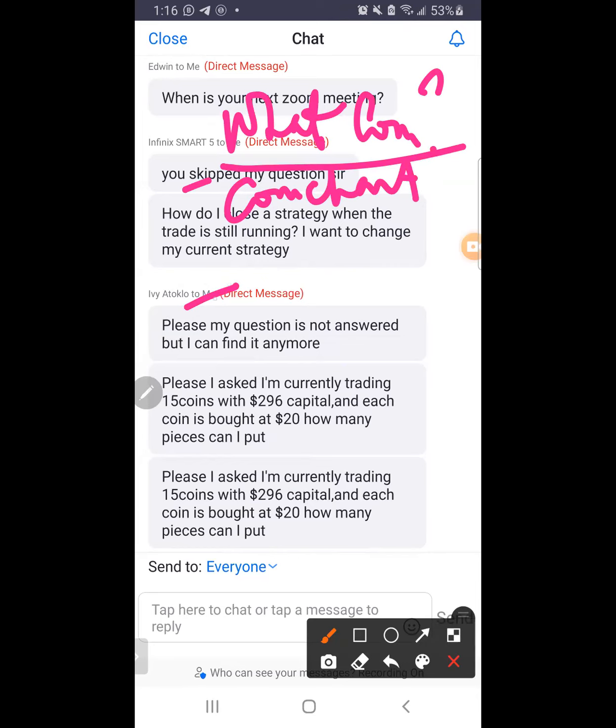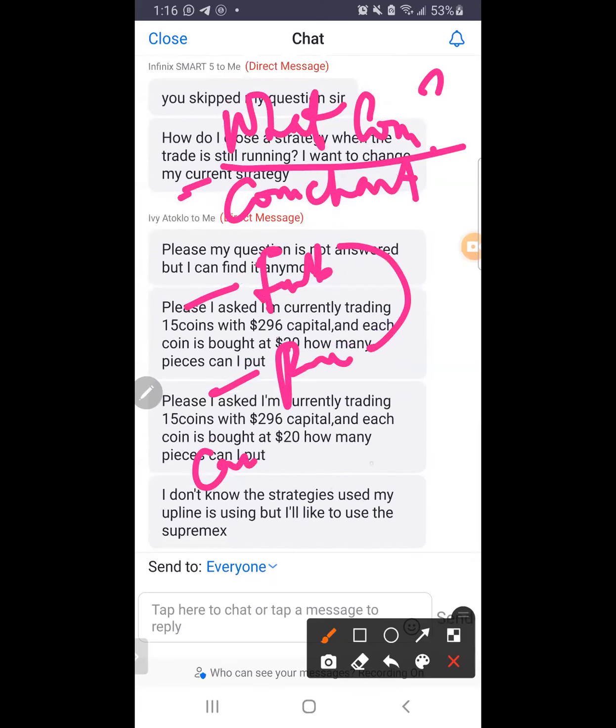The second thing you look at is what strategy to use. By strategy, you mean what your first buy is going to be, how many pieces you are going to take. To understand this, you need to know what your capital is, and then how many dips. I don't know the strategy used. My upline is using it, but I would like to use it.